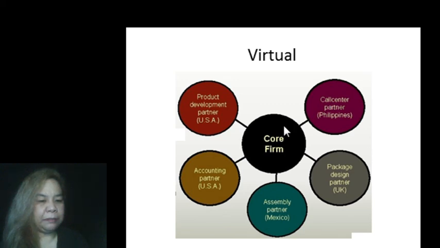For example, let us say this business is based in Japan. This is an example. So, product development partner is assumed to be based in the USA. Same thing is true for accounting partner based in the USA. Let us assume that the Japanese company has as an assembly partner a company based in Mexico and a package design partner in the United Kingdom.